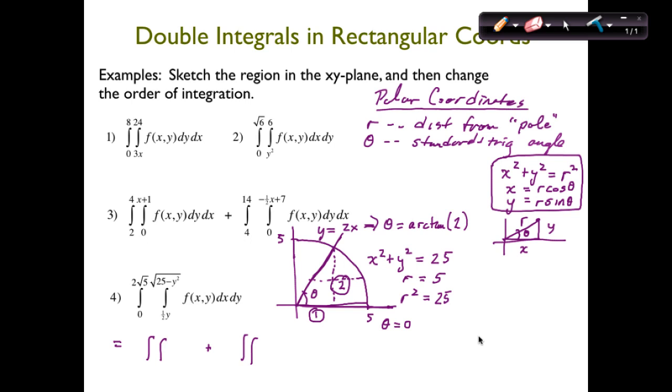Okay, so what will our mantra be then? Our double integrals in polar coordinates. Now f of x, y is going to be, now x is r cosine theta, y is r sine theta.